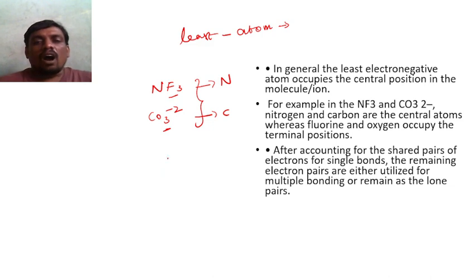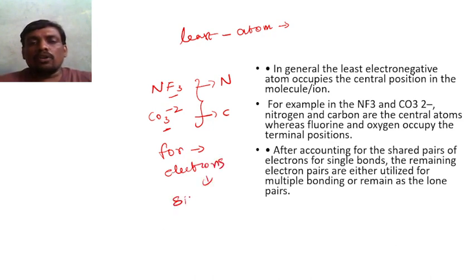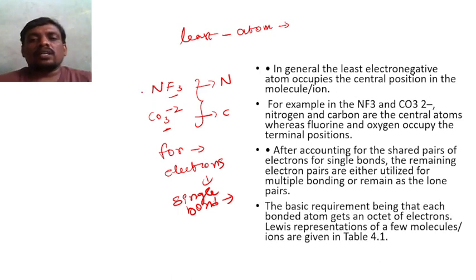And finally, after accounting for shared pairs of electrons for the single bonds, the remaining electron pairs are either utilized for multiple bonding or remain as lone pairs. The basic requirement is that each bonded atom gets an octet of electrons.